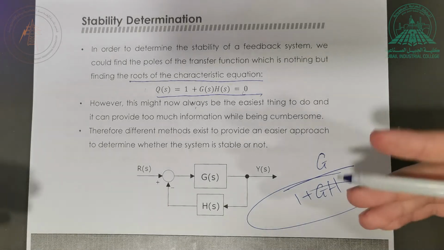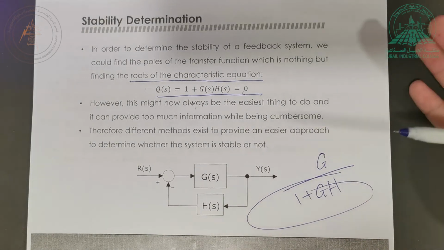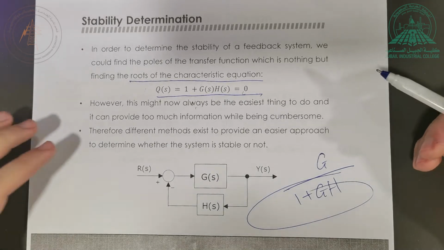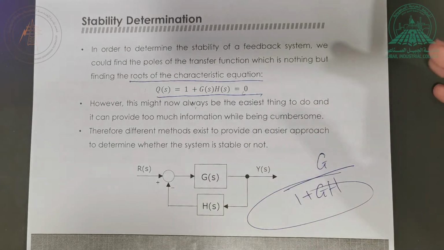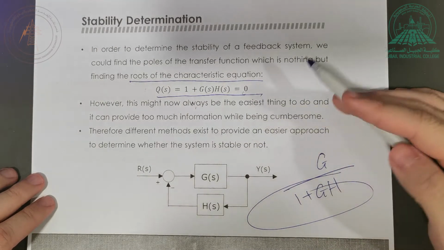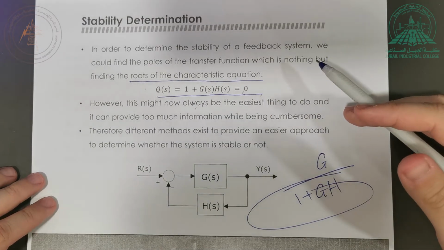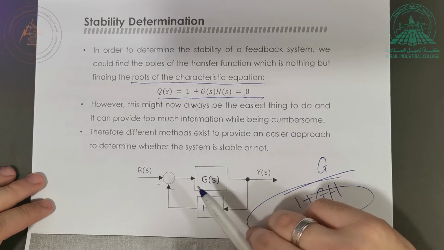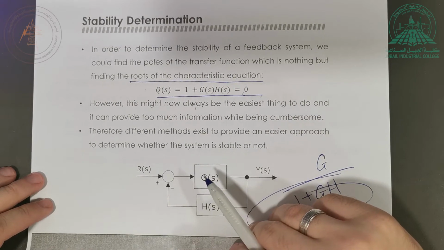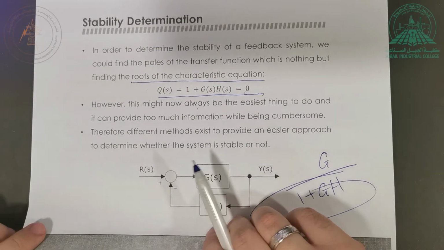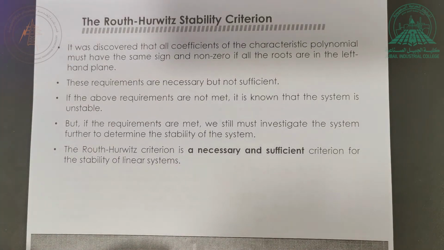And in real life systems, the order of the system can be huge, right? You can have 10th order, 20th order, 500th order. So it becomes almost impossible to factorize the denominator to get the poles of the system. So this is the challenge. In most cases it's not easy, it's difficult to obtain the poles of the system, so it is difficult to talk about the stability of the system.